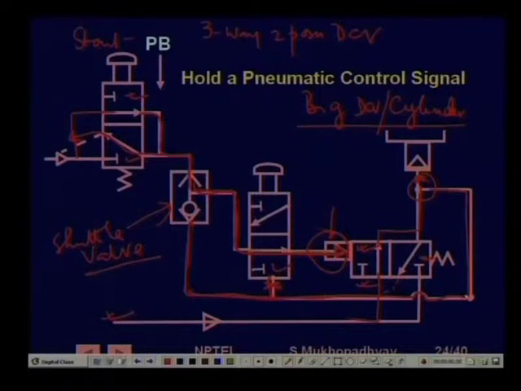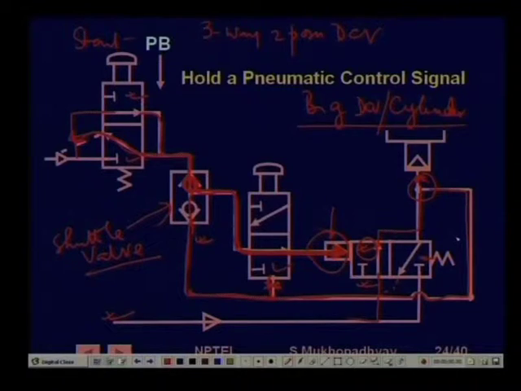Now when this pressure is built up, if you release this, this part will immediately get connected to exhaust, and since there is pressure here, this shuttle will be pushed and come to this position, and then this pressure itself will go through this and keep the valve in this position. Note that this is a spring loaded valve. So, the pneumatic pressure is going to be held even if the start push button has been released, right. That is the point that we are trying to make.